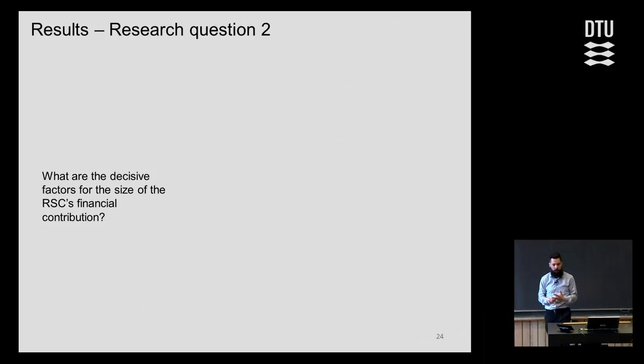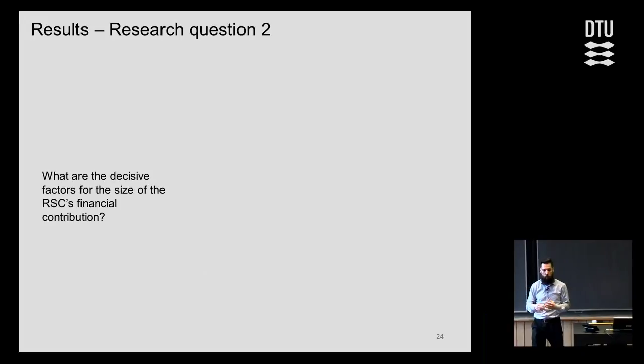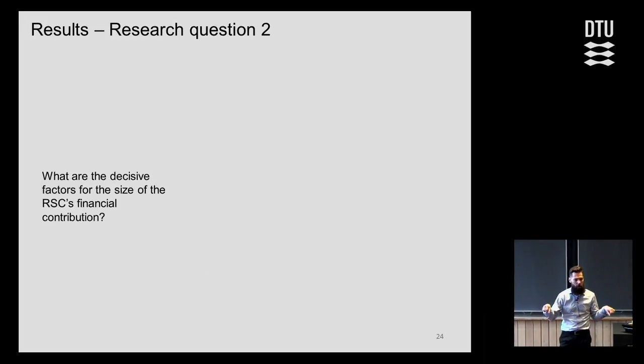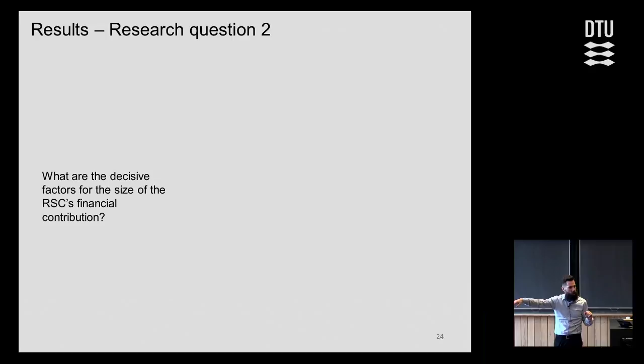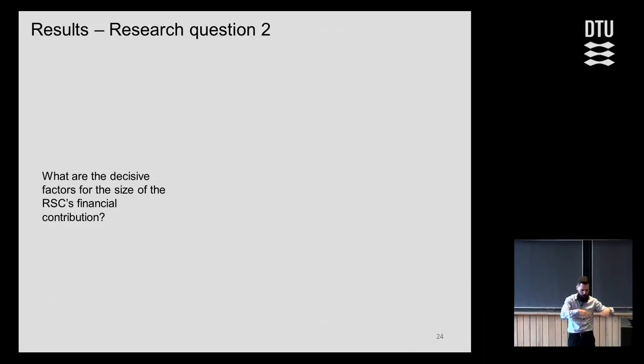The financial factors depend quite a lot on what reverse supply chain function we're talking about, because there is a large difference between taking back an end product, refurbishing it, and then reselling it, and another function that takes back a product, disassembles it, and sells off the materials. There's a big difference between what the decisive factors are.